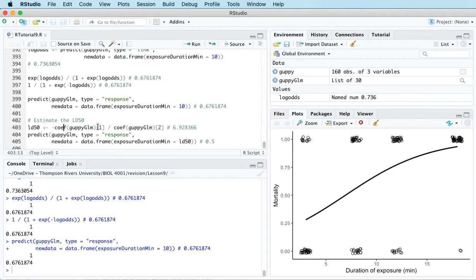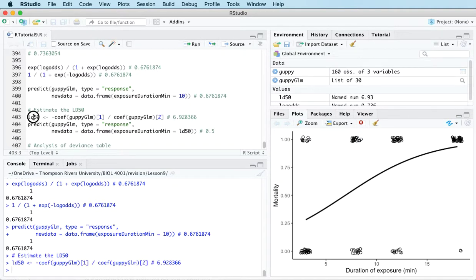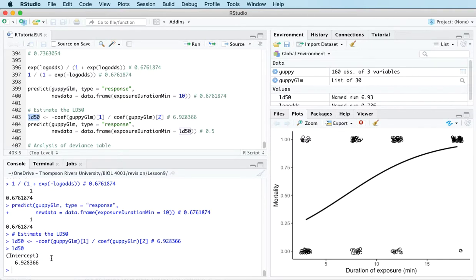So the negative of the estimated intercept divided by the estimated regression parameter for the predictor variable, and that gives us the LD50. So the LD50 is almost 7 minutes, 6.93 minutes. That lines up with what we were eyeballing from the graph here.